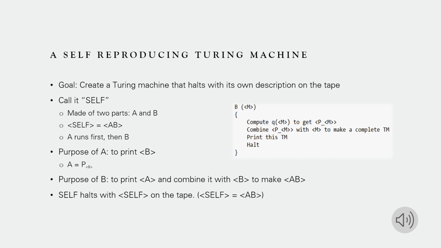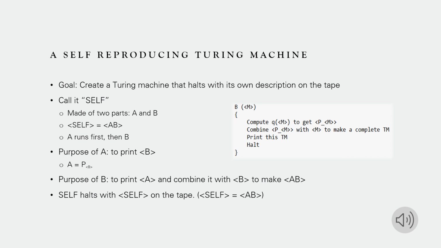It means the description of SELF is the description of A combined with B. In order, A runs first and then B. The purpose of A is to print B, where A equals P of B. And the purpose of B is to print A and combine it with B to make AB. Here, P of B is a Turing machine that writes the description of B on the tape and then halts.